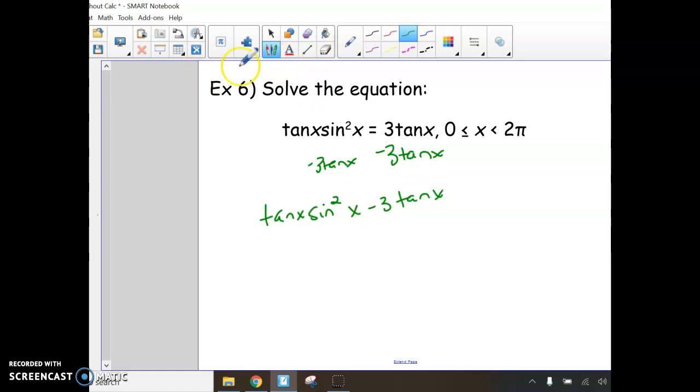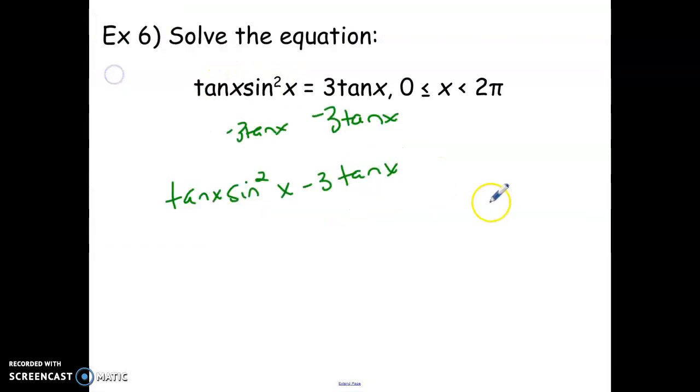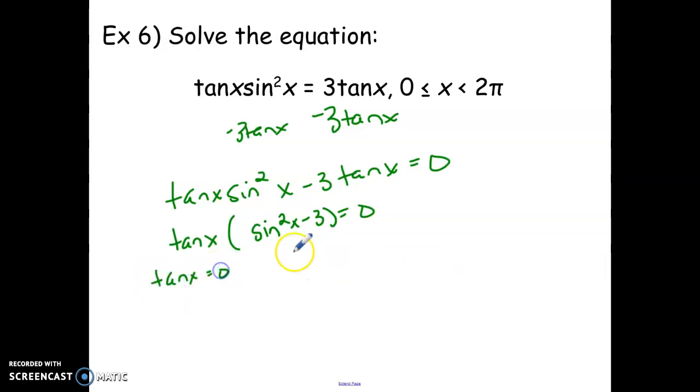And you know what? Let's not do it with a calculator. We'll just go ahead and do this really quickly. And that's going to equal 0 now. Notice they both have tangent in there. So tangent of x times sine squared of x minus 3 equals 0. So I can do tangent equals 0 and sine squared minus 3 equals 0.